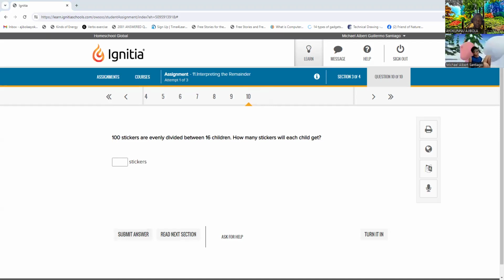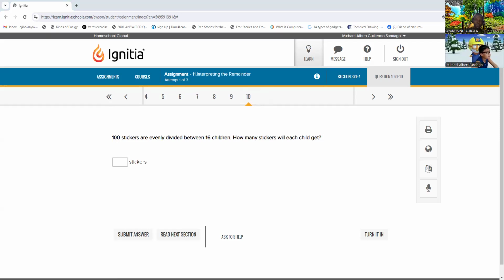100 stickers are evenly divided between 16 children. How many stickers will each child get? Okay, so that is to divide 100 by 16, right? Yes.